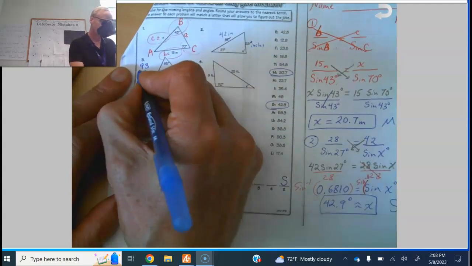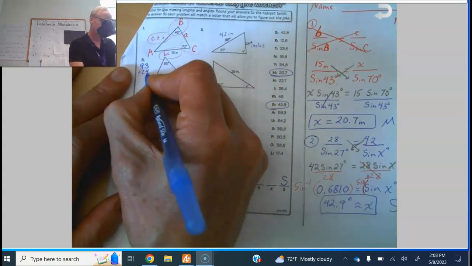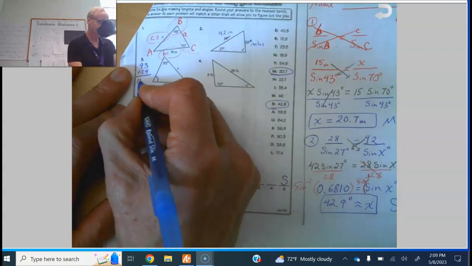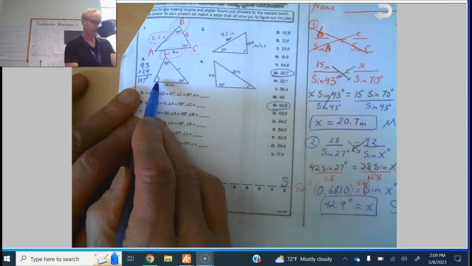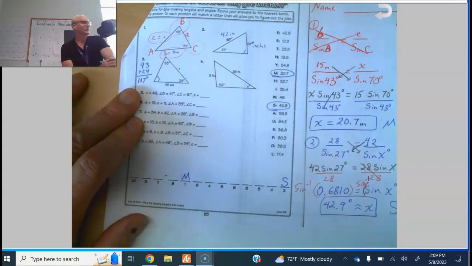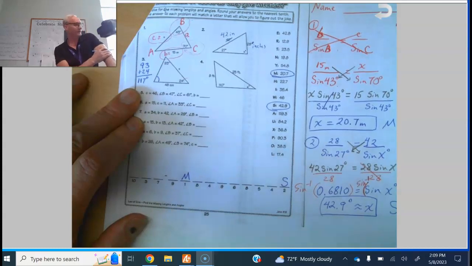Plus 24. Is that angle 117? Is this angle the sum of these two? No, that's not going to work. What do you have to do with it?